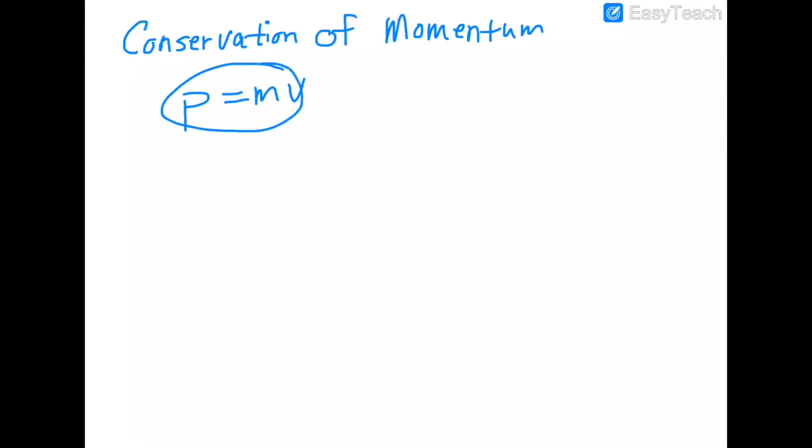And what it's basically saying is that the momentum before a collision of all the parts, let's say that there's two things. Let's say there's a ball rolling and it's going to collide with another ball.